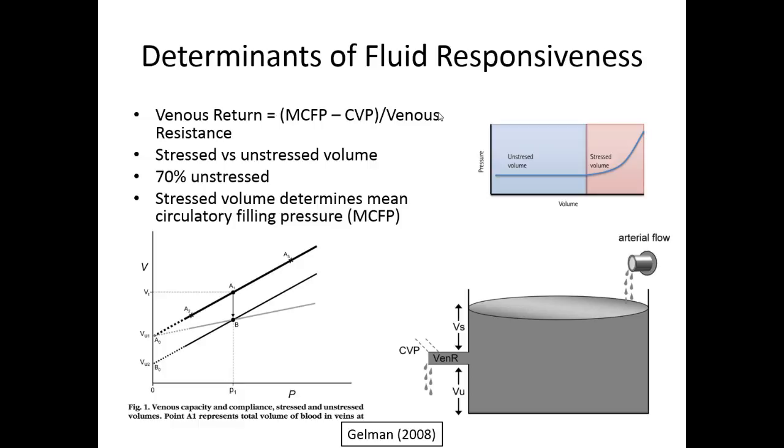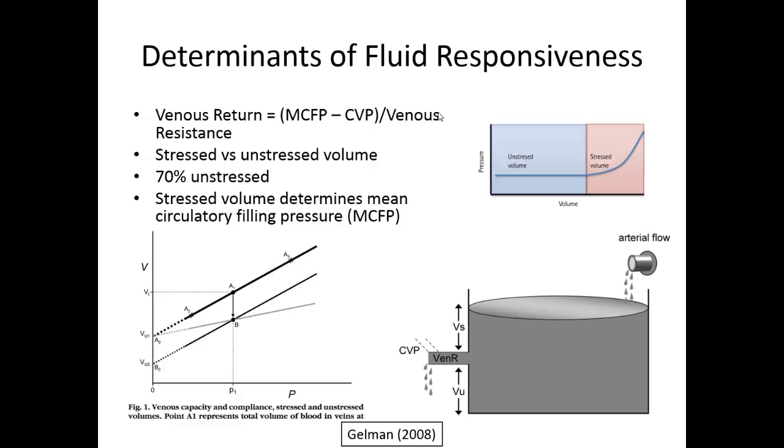You can put a bunch of fluid into them before there's any transmural wall pressure in the venous system. You keep pouring fluid in up to a certain point, and then they expand to the point where they're not going to expand without exerting some pressure back. So as you're pouring fluid in, up to that point where the veins are exerting some transmural pressure, that's the unstressed volume. After that, that's the stressed volume.